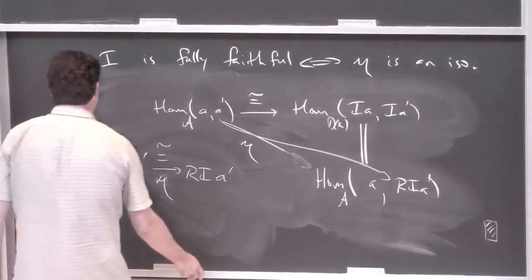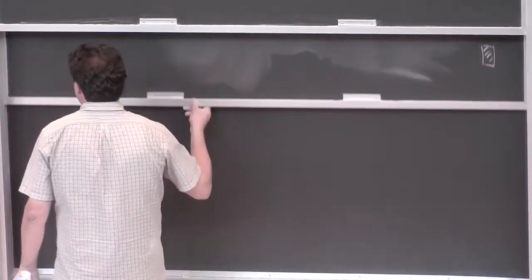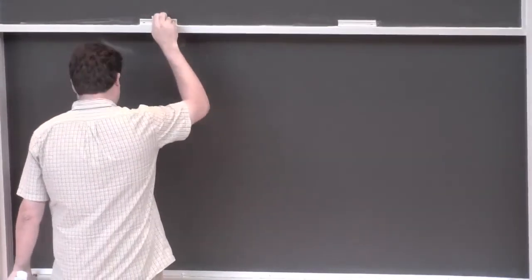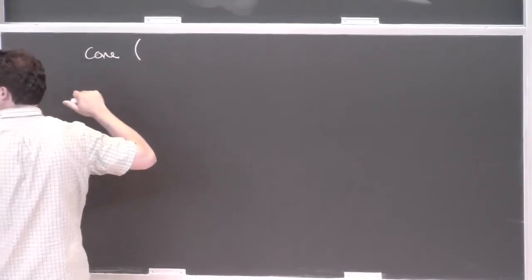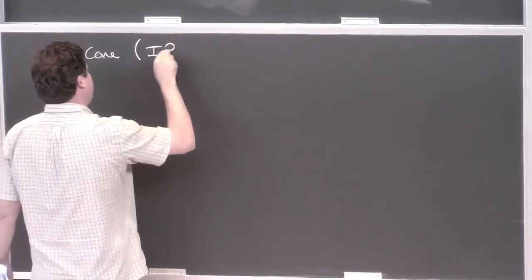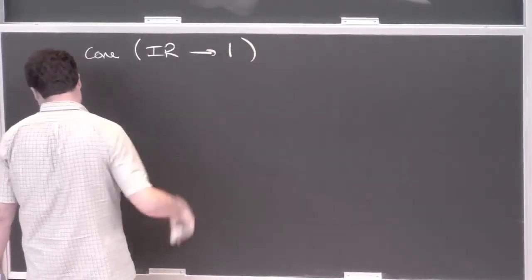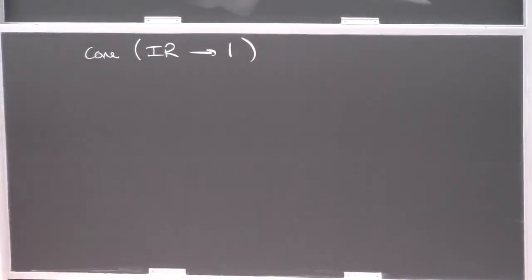But while I'm here, this cone of the identity, where did it go? This cone of IR to the identity, it's not obvious that that's a functor.